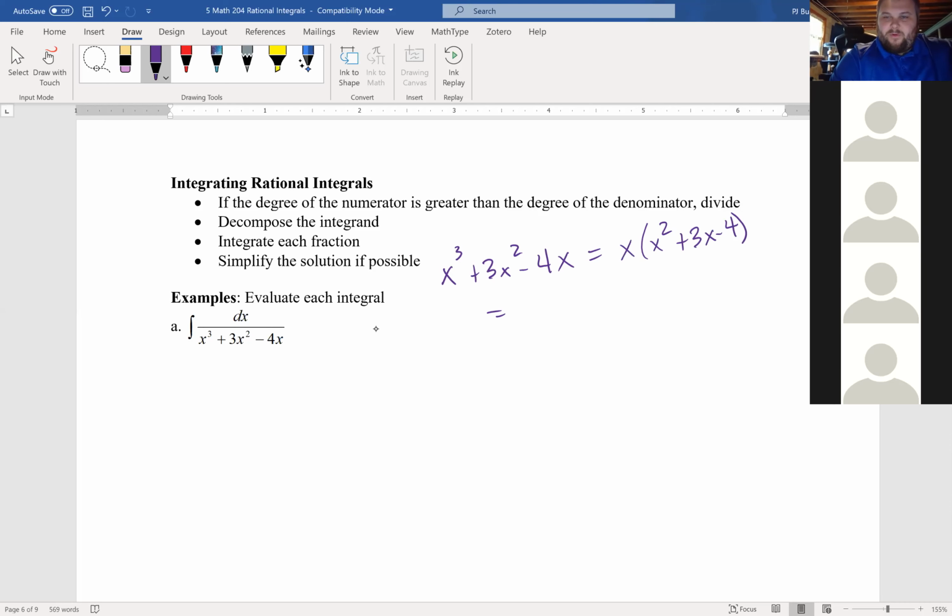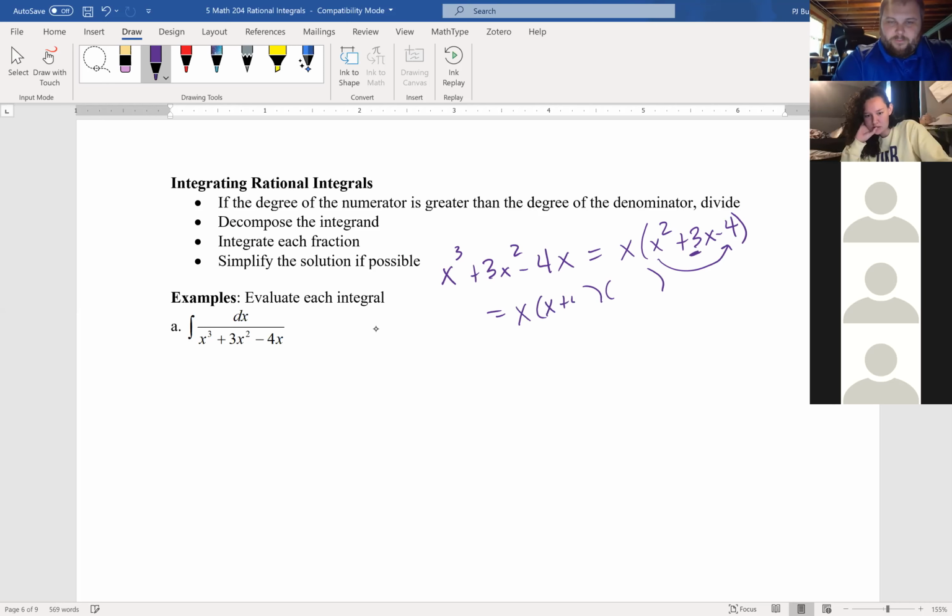Then I need two numbers that multiply to -4 and add to 3. So what would those two factors be? 4 and -1. Okay, so x plus 4, x minus 1. So now I've got 3 factors there.